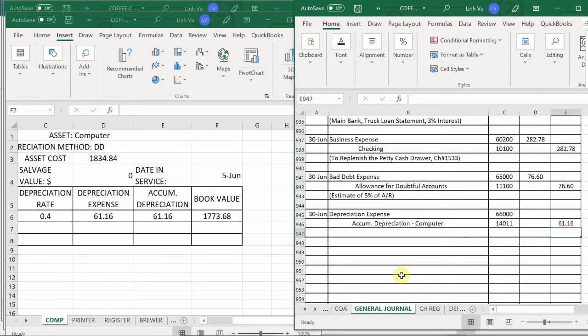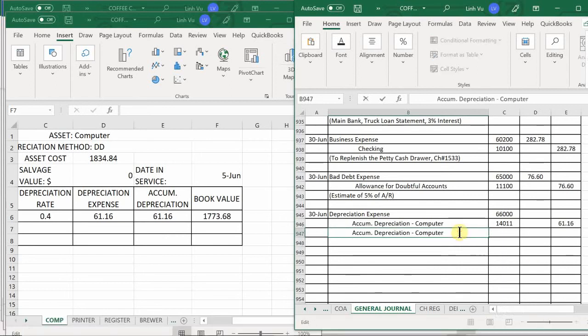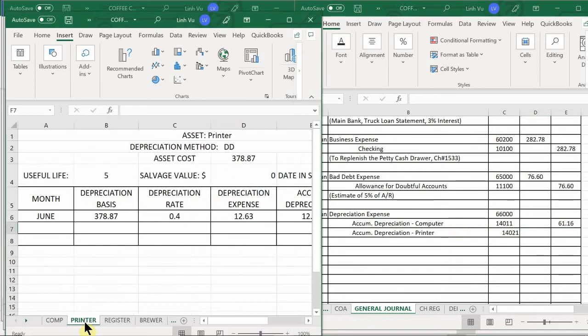So we have accumulated depreciation for the printer. It is 1421. The printer is 5278, the depreciation.